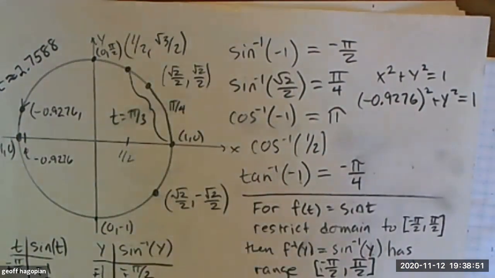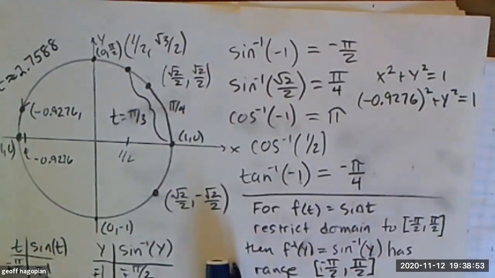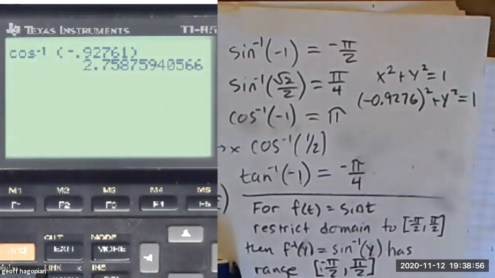Can we use the calculator? Well, I got it handy here. Let's say, yeah, I want to say, give me, and it doesn't matter whether it's positive or negative when we square it, right? So if I square this thing, I get 0.8604.